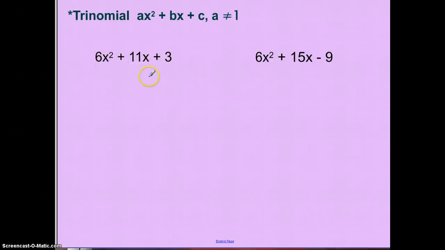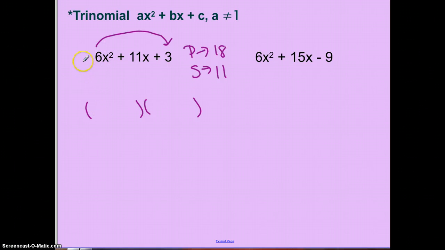Now these ones are a little more tricky because I do have a number out in front. Right? So the product that I'm trying to get is 18 and the sum I'm trying to get is 11. Now when I look at these, this is a little more tricky because I have to end up with a 6x squared here. So when I look at ways I can do that, I can multiply 1 and 6 and 2 and 3.